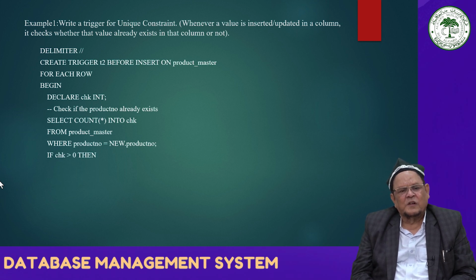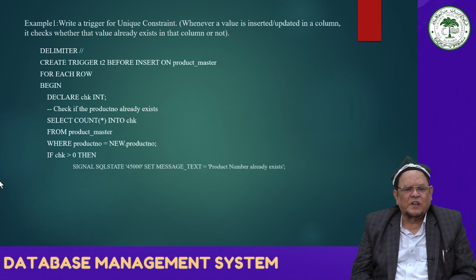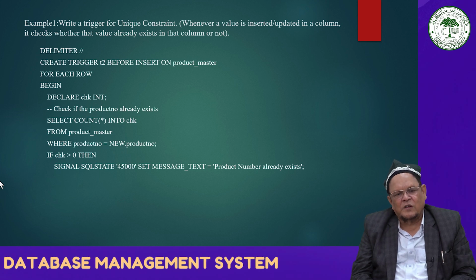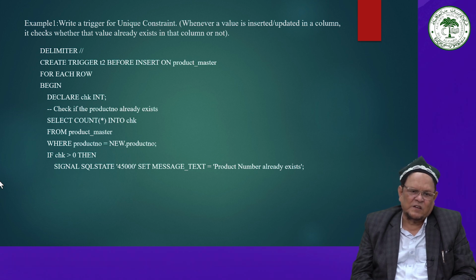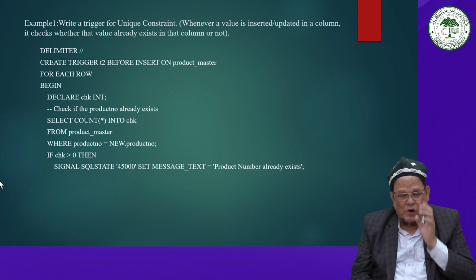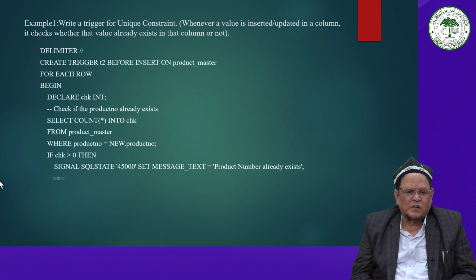If check is greater than 0, then you have to signal sqlstate 45000, set message_text is equal to 'product number already exists'. In this way you have to write.